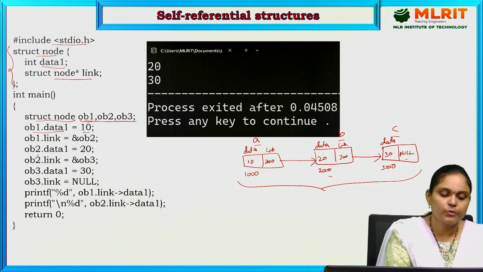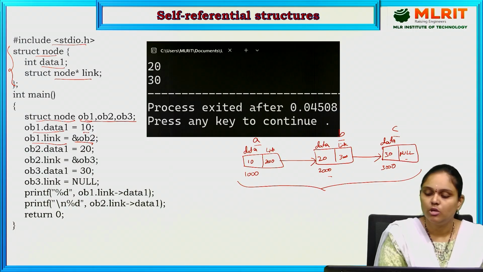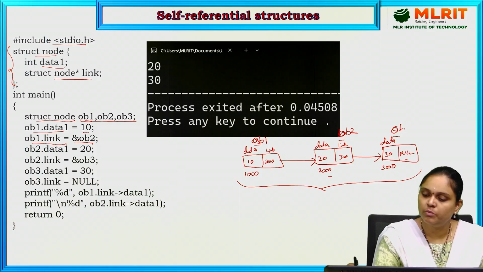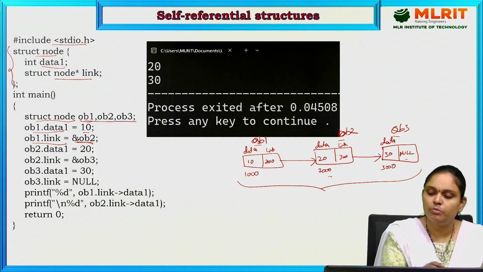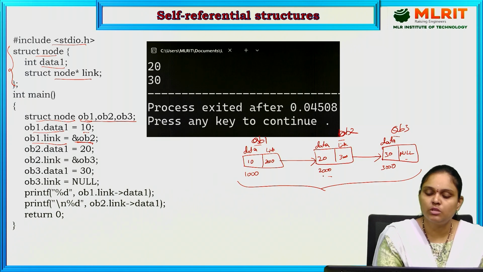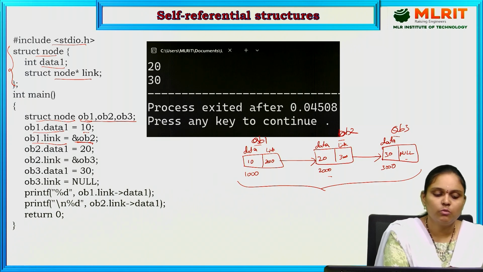And next OB1 dot link is equal to address of OB2. This is the OB2, this is the OB1, and this is the OB3, the node names. Address of OB2 is 2000. 2000 we are placing in OB1 dot link, so it will be placed over here.